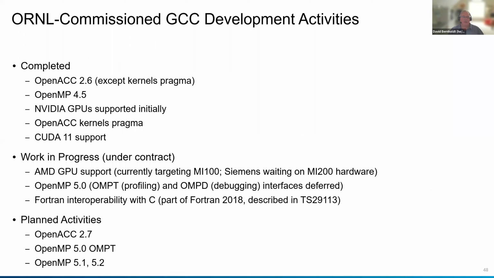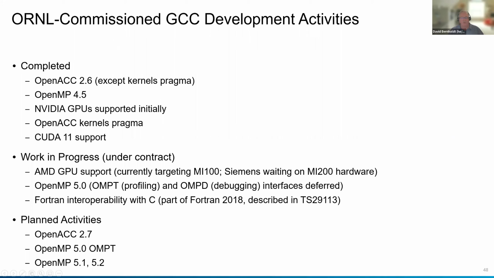Things that we've already completed include OpenACC up through version 2.6 of the standard, and we've more recently added support for the kernels pragma. We have solidified the OpenMP 4.5 implementation. We've got CUDA 11 support in there, and all this has been done initially supporting NVIDIA GPUs, and now we're working on taking all that to AMD GPU support.